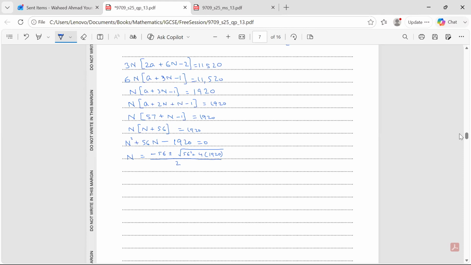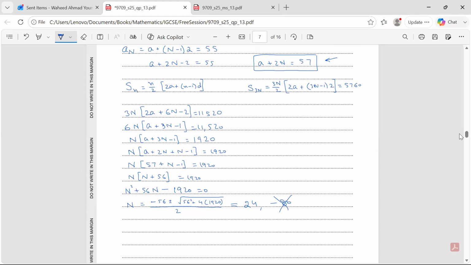Okay. And when I simplify this using the calculator, I got two answers. One is 24 and one is minus 80. Now, of course, this N has to be positive, right? I cannot take this one here, so N is 24. Now, what about small a?